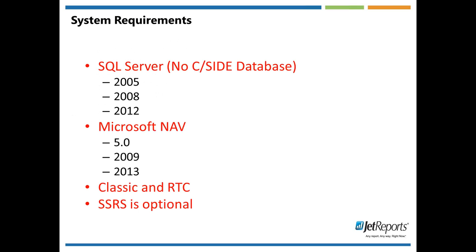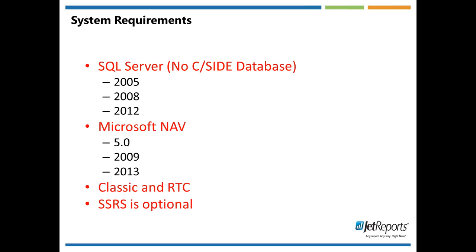We have the ability to run on any of these clients. In 2009, we support both the Classic and the Rotator client. SSRS, which stands for SQL Server Reporting Services, is an optional piece that can be configured, and Pivotier will use it if you have it configured, but it is not required to run any of these reports that we're seeing today.